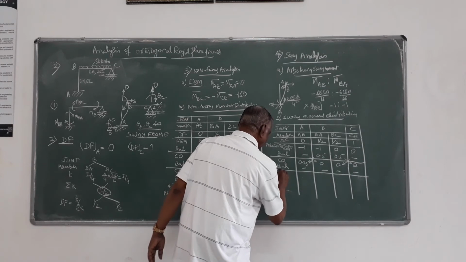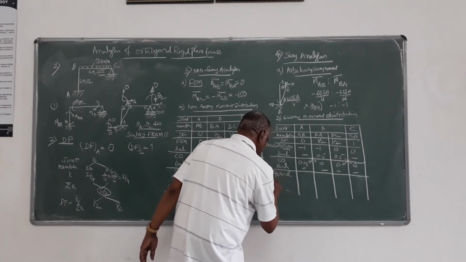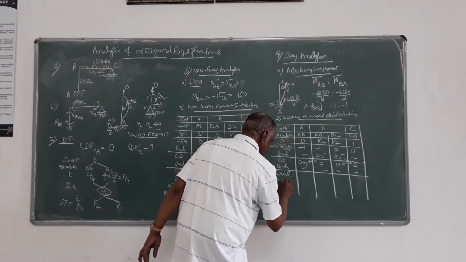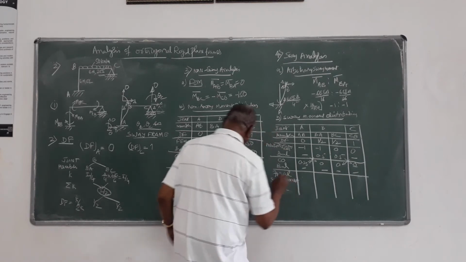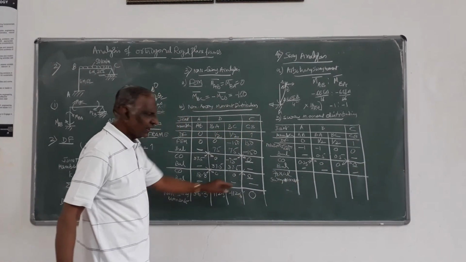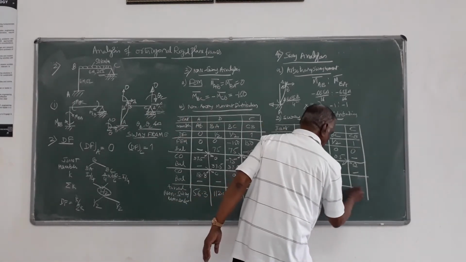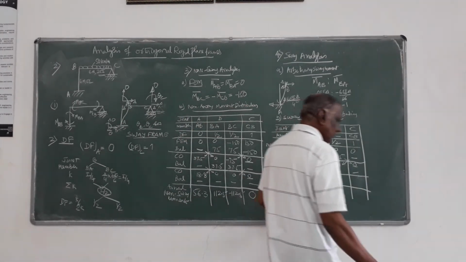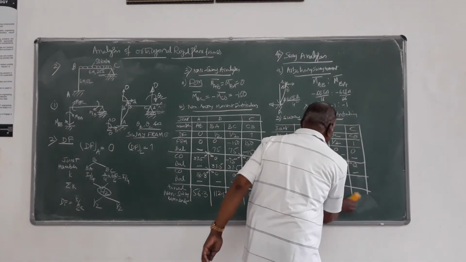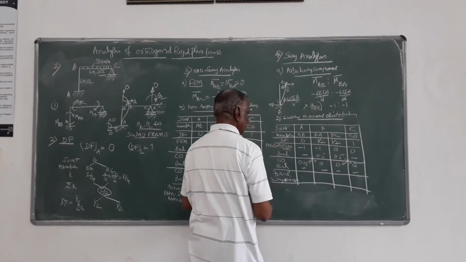So I say final arbitrary sway moment. Here it is final non-sway, here it is final sway moment. Arbitrary sway moment it is, right? So you add all these things, you will get final arbitrary sway moment.